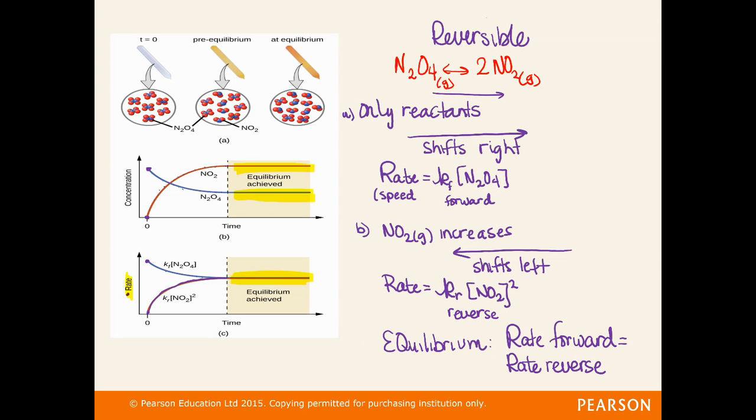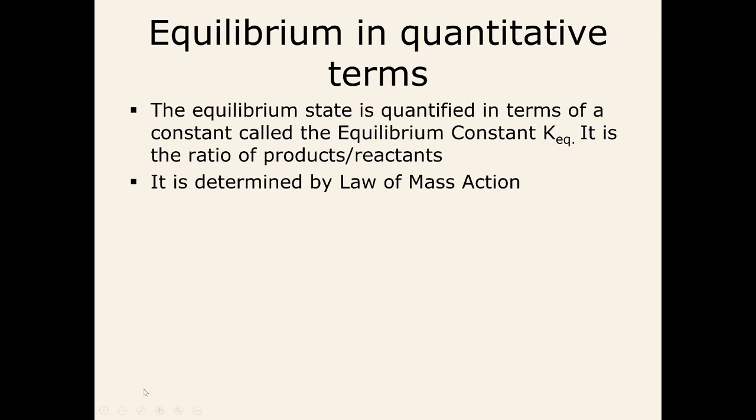So this picture here at the top is trying to show us, if you look at it carefully, that in the reaction flask, we have N2O4 and NO2 present at equilibrium. They're both there. Okay, so let's keep going with this idea. That's the conceptual side of equilibrium.